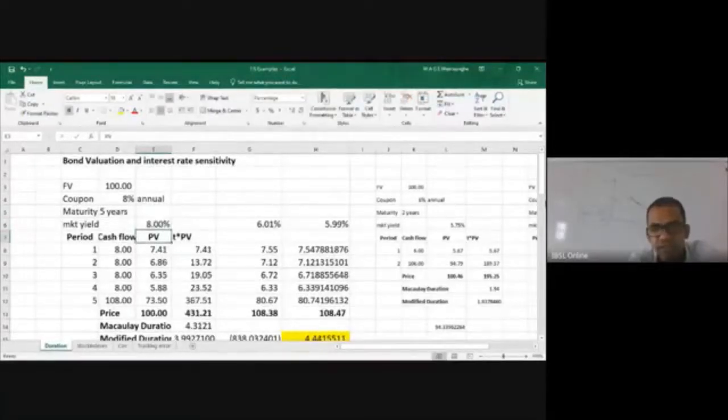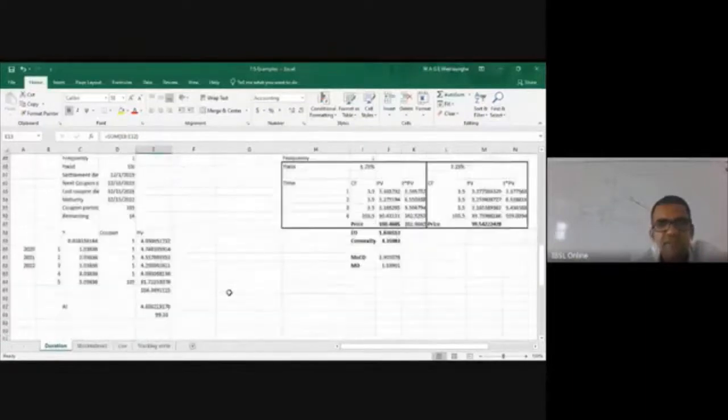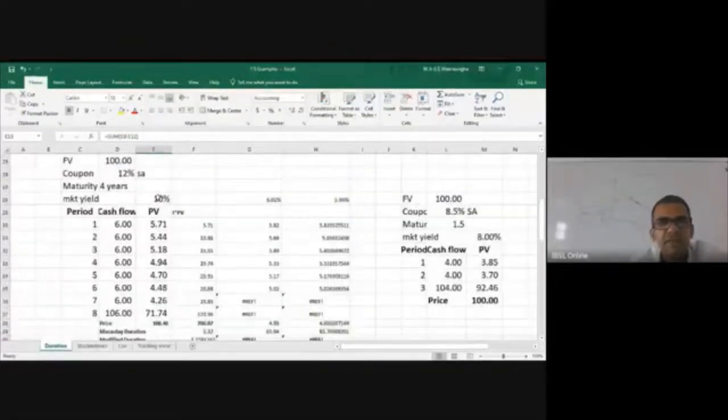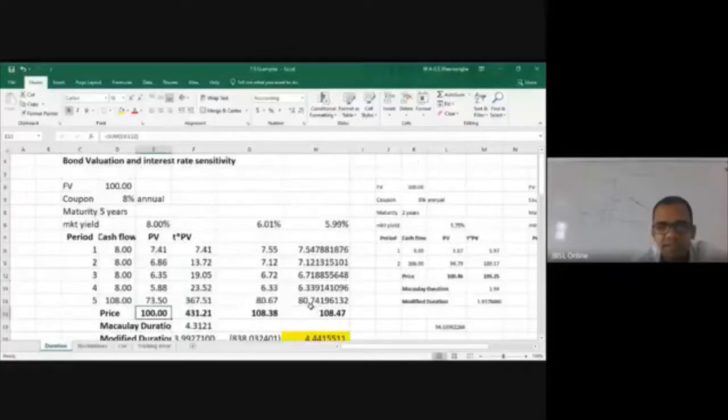Then you should get the price as 100. If you don't, something is wrong in your calculation equations. That's why, I don't know whether you have noticed, I put 12% here and again changed back to 10%. I just checked whether this is correct.